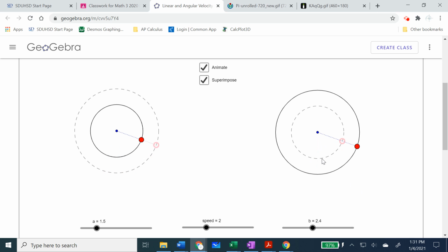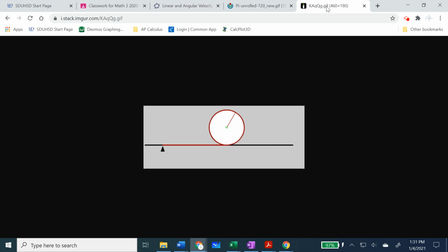In one revolution, you will only go a distance of your circumference. So this is showing you a rolling wheel and the distance that it covers for every rotation is the length of its circumference.